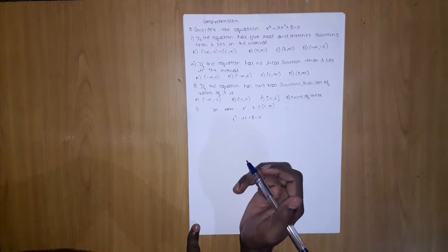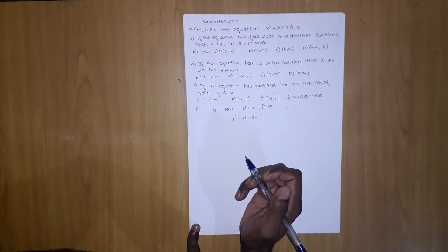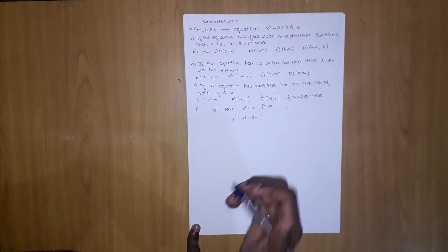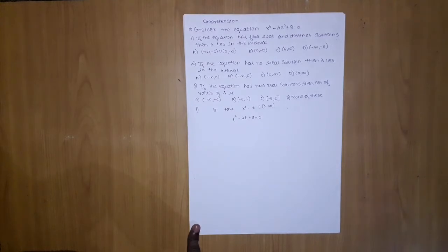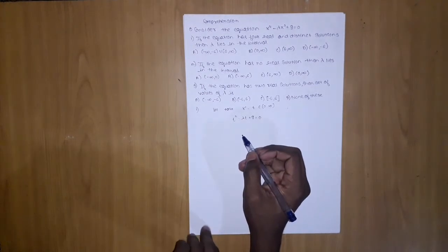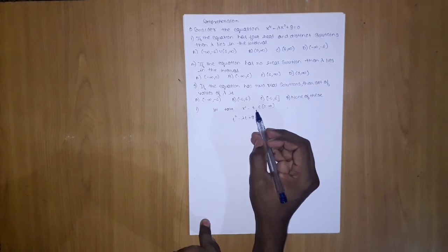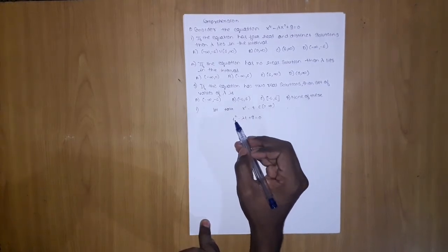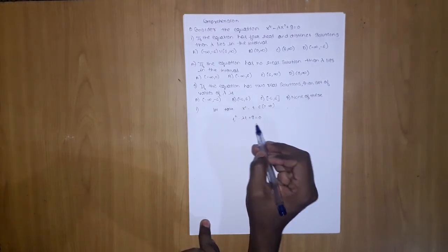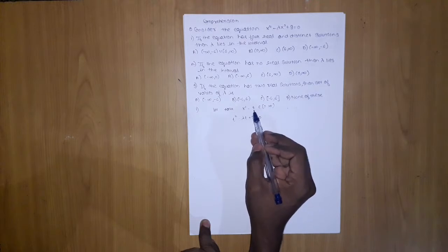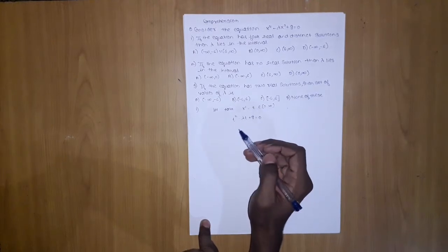Now the equation has four real and distinct solutions. Here there are two solutions, and these two solutions should lie in this range of t.